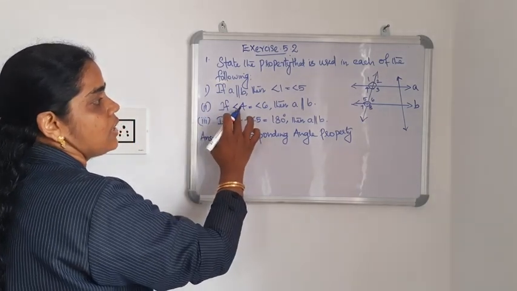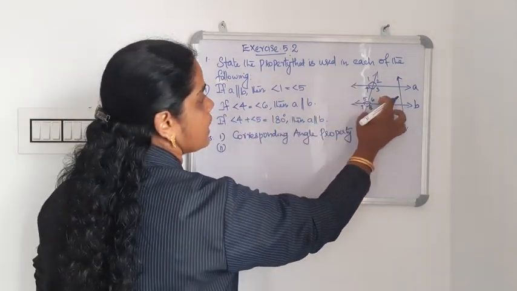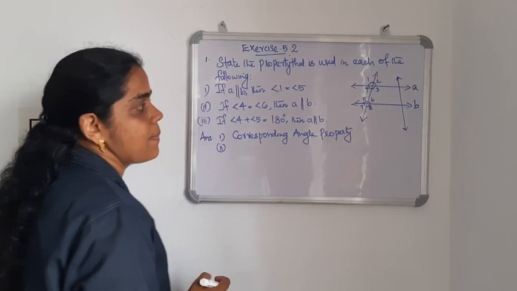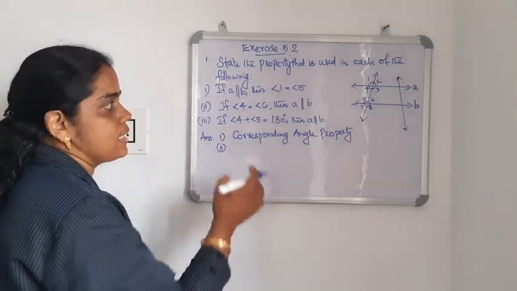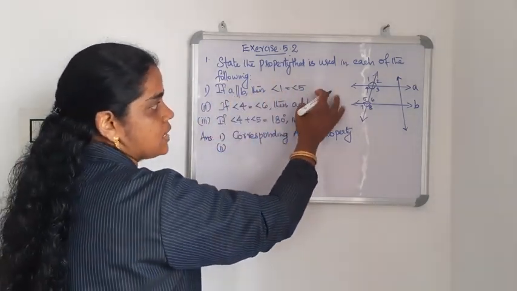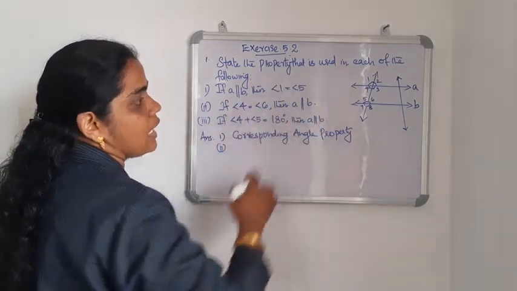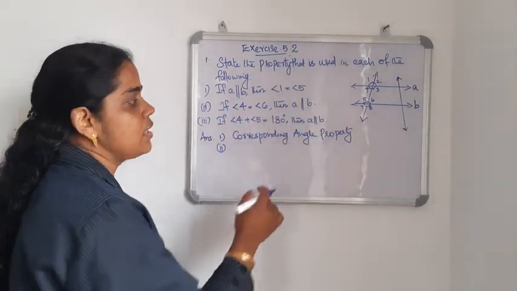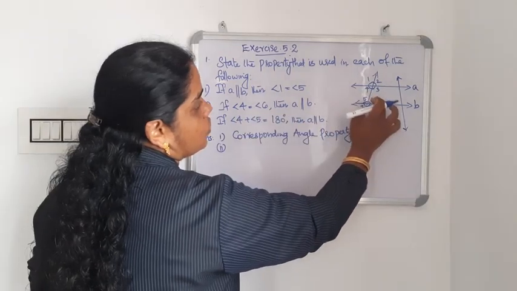Then the second question: if angle 4 equals angle 6, then A is parallel to B. Both hold. If A is parallel to B, this condition holds. If they are equal, then A must be parallel to B. What are angle 4 and angle 6?